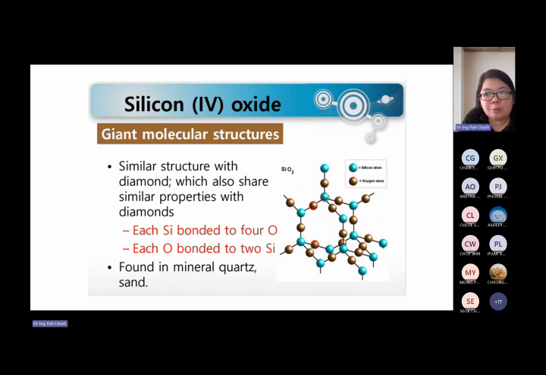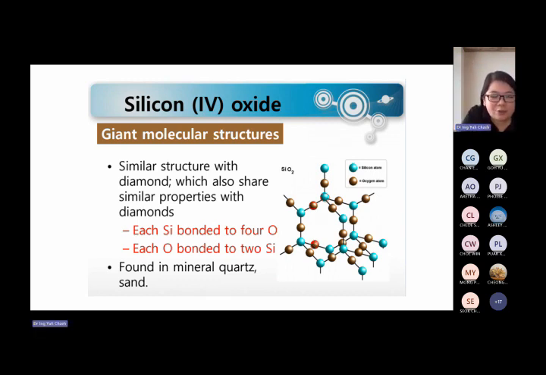So yes, 2 lone pairs. They have to arrange in a way that the lone pair and lone pair can be as far from each other as possible. At the same time, not so much repulsion between the lone pair and the electrons from silicon. So at the end, they arrange in a pattern like this.